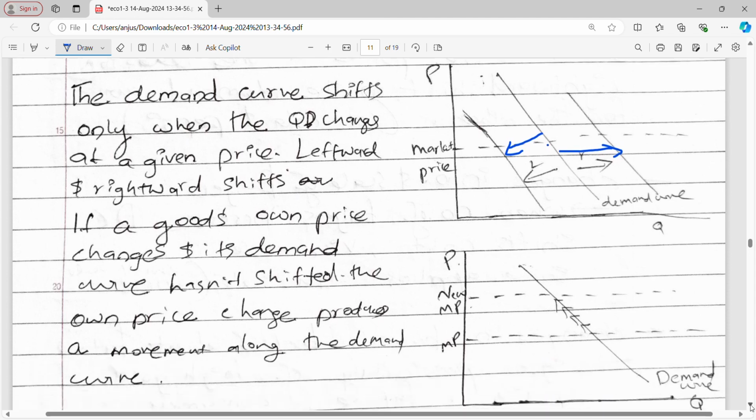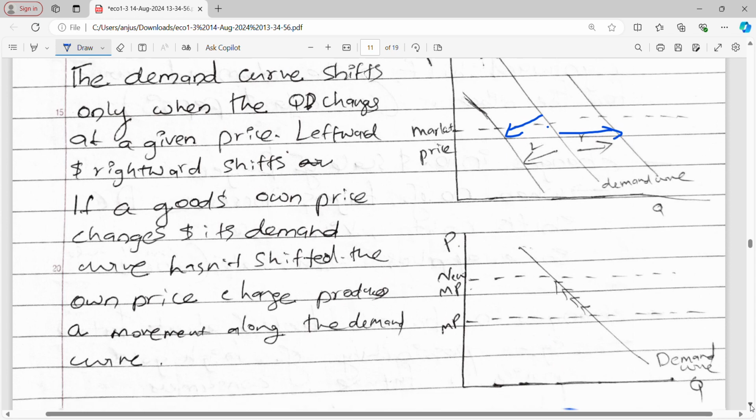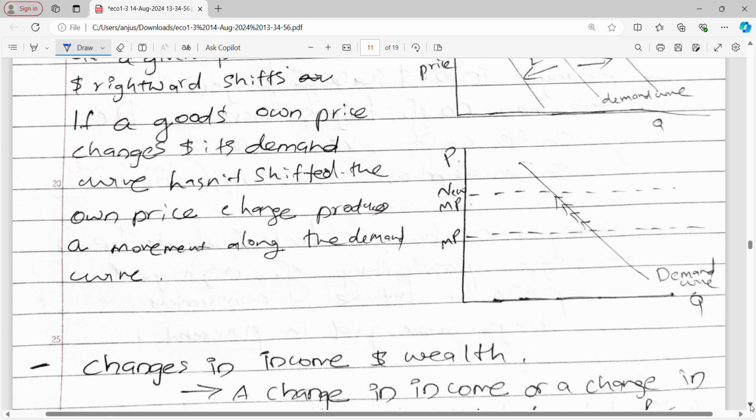So the demand curve shifts only when the quantity demanded changes at a given price. Leftward and rightward shifts happen. Again, if a good's own price changes and its demand curve hasn't shifted, the movement will be along the demand curve. That is, the market price for a car was at this point, then it increased.